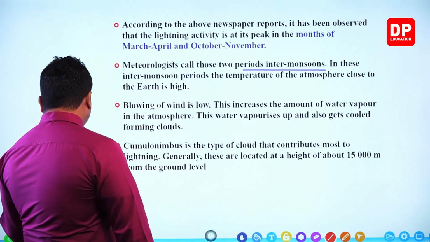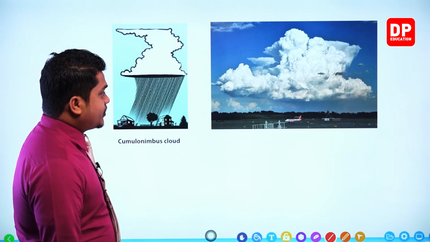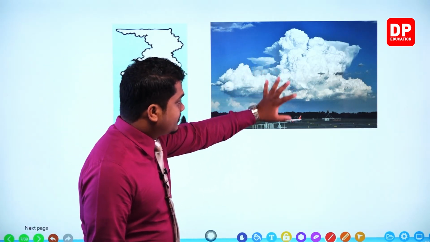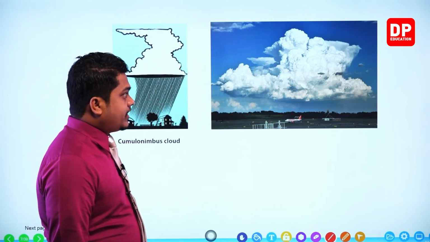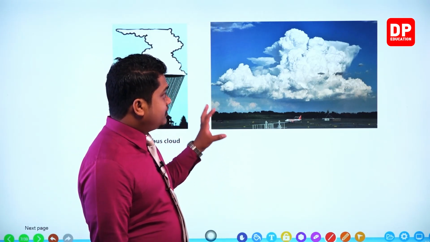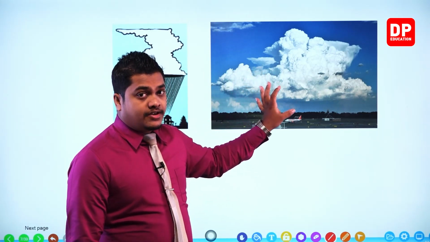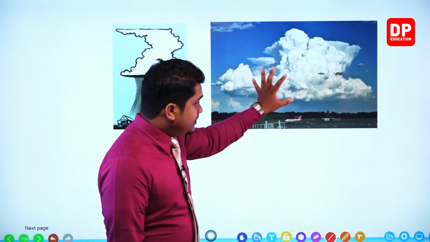So you are given two figures to indicate the cumulonimbus clouds. I think you have already seen these kinds of clouds, my dear children. If you check the sky on a warm sunny day, you can clearly observe this kind of image. This refers to the cumulonimbus clouds.